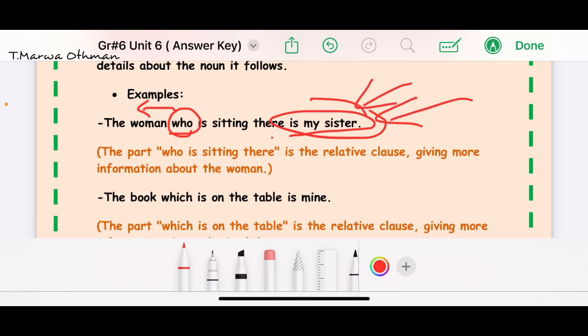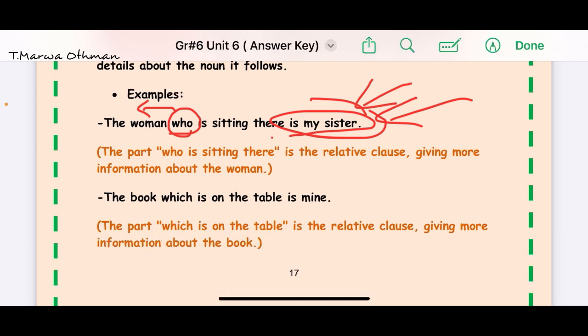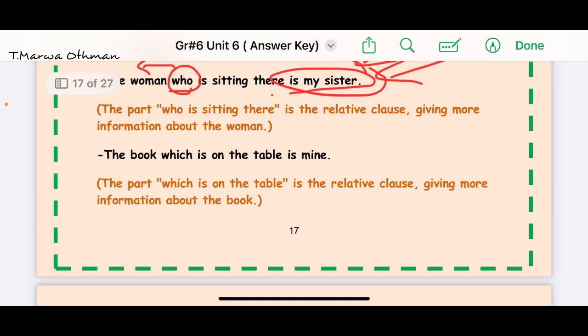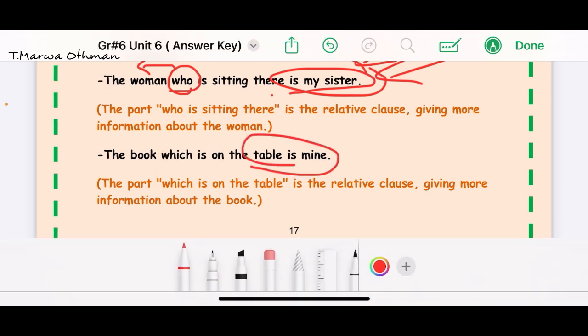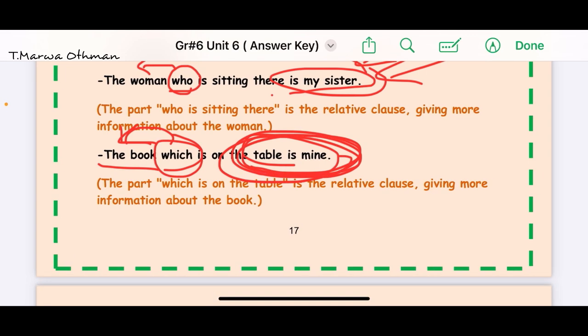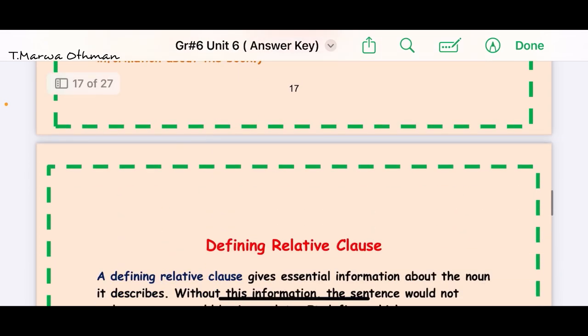I give you extra details about the noun we are talking about, which is the woman. Okay, the book which is on the table is mine. The book, we used which because it's a thing. So I gave you more information about the book, which is mine, which means the book is for me, okay? Okay, this is what we mean by clauses.